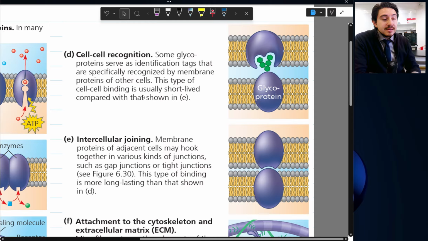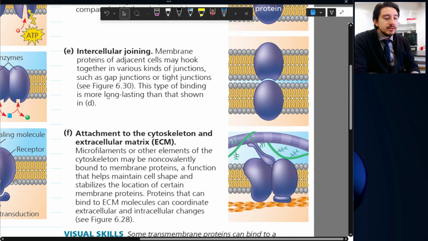Okay, intercellular joining, as I mentioned before, here you can have the different types of junctions, like tight junctions, that can hold two cells together.